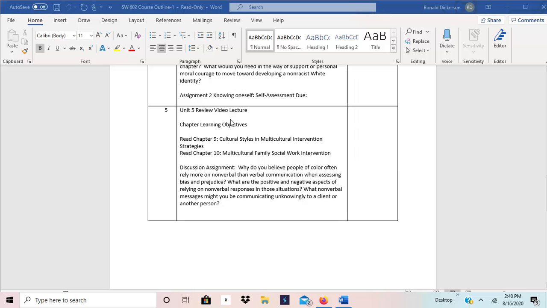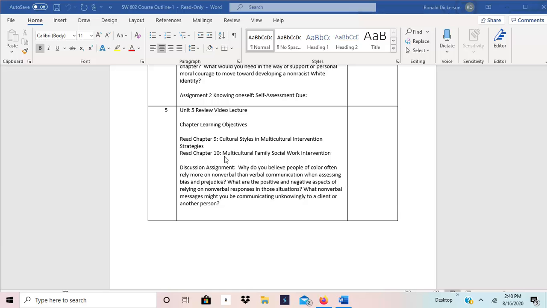Okay, week 5, again, as I said, you see that it's a video lecture to include the 2 chapters with the objectives and the competencies. Even though it's not there, you will have the competencies for each one of the chapters. And it's important that you understand those competencies and understand how those competencies align.